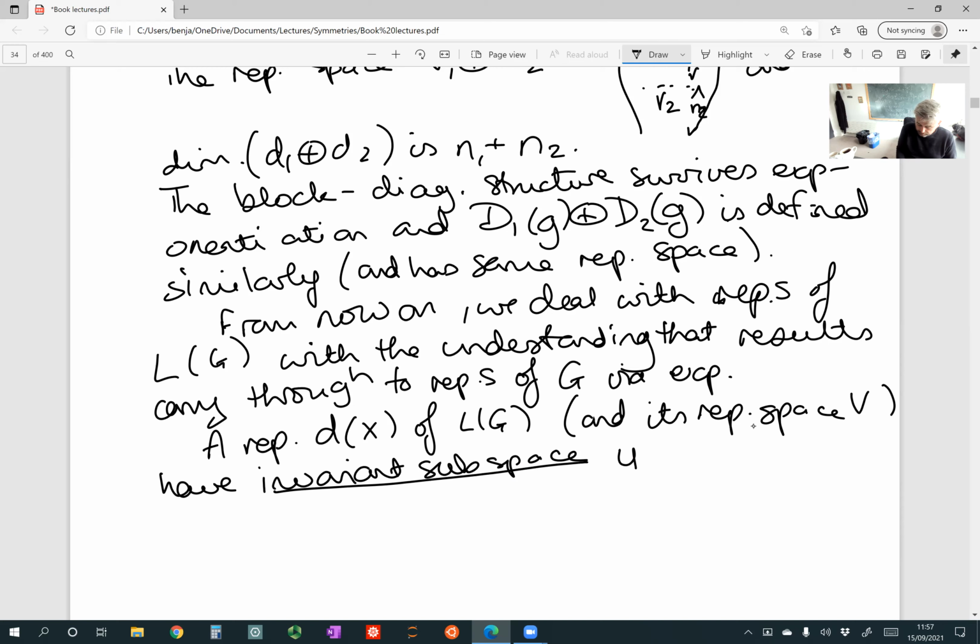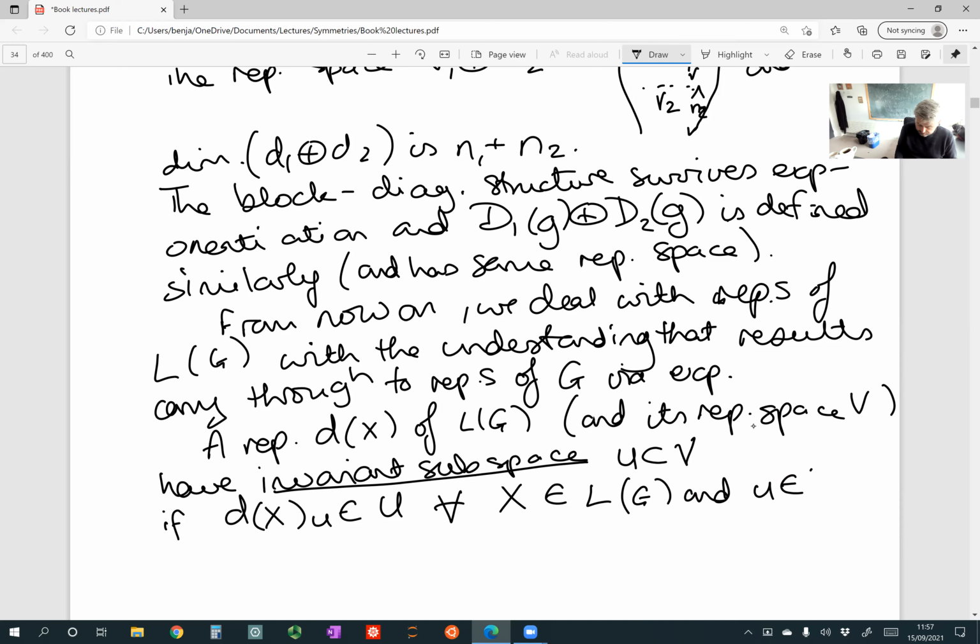It's a subset U of the representation space if D(X) times u is in U for all X in the Lie algebra and all vectors u in this subset.